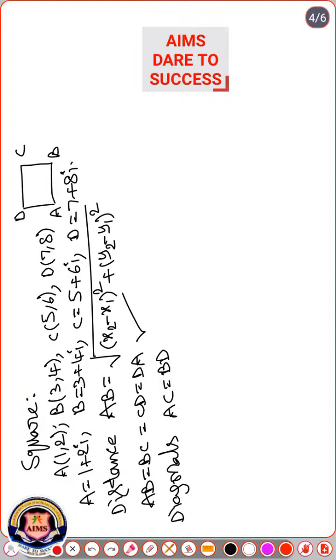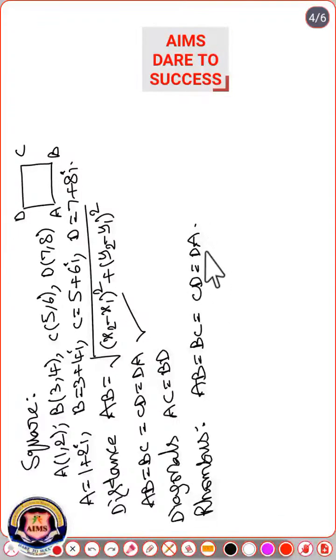This is the concept of a square. Next, a rhombus. In a rhombus, all sides are equal, that is AB is equal to BC is equal to CD is equal to DA.